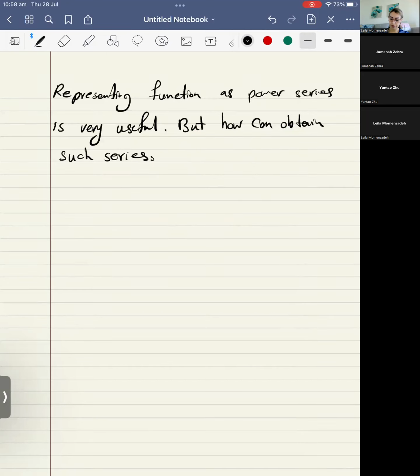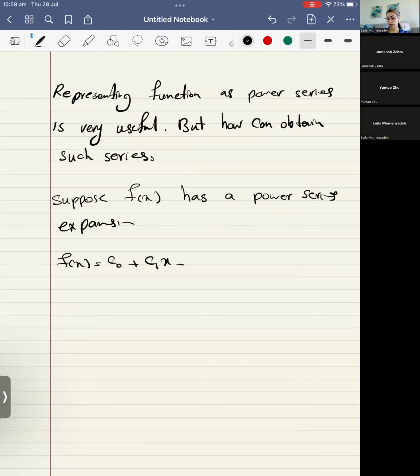Okay, first of all, suppose f of x has a power series expansion. You can write f of x is equal to c0 plus c1x plus c2x squared plus c3x cubed and so on.